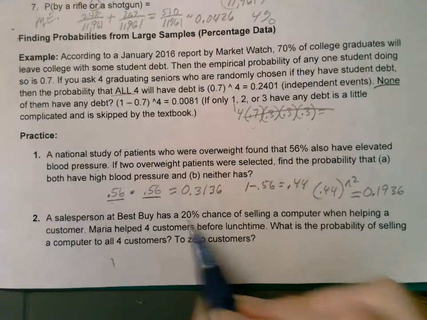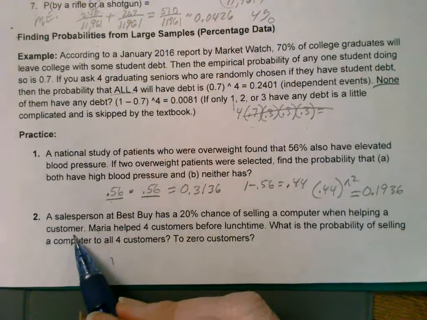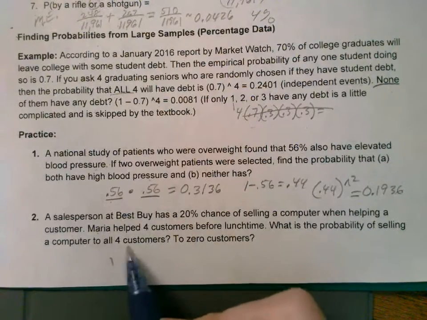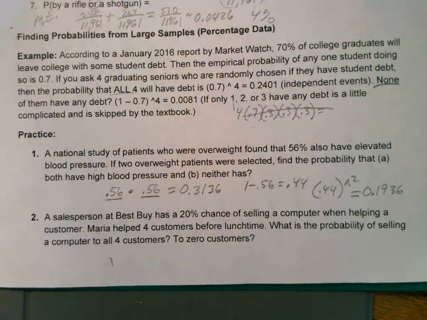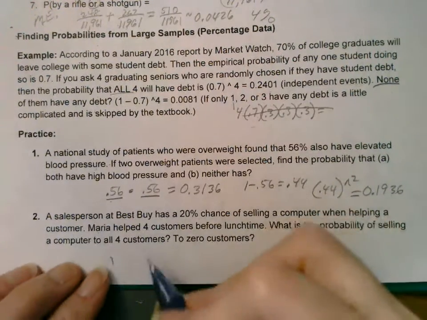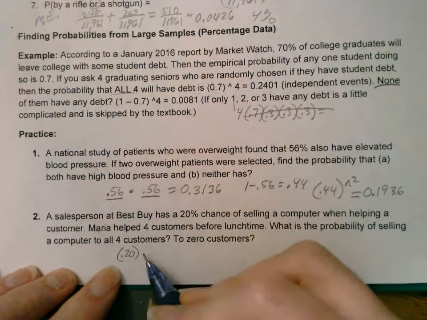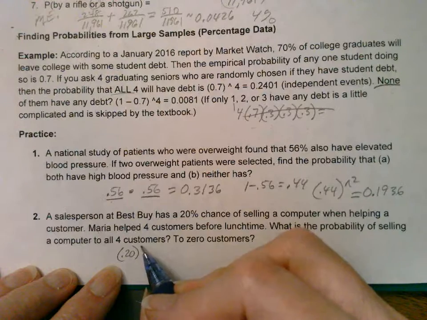Salesperson, 20% chance of selling a computer when they help a person. She helped 4 people. What is the probability of selling a computer to all 4 customers? If there's only a 20% chance of selling to one person, there's probably not a high probability that they're going to be able to sell one to all 4 people.